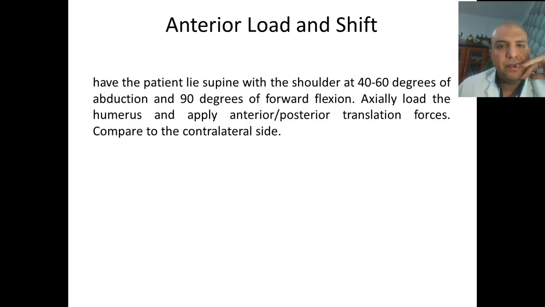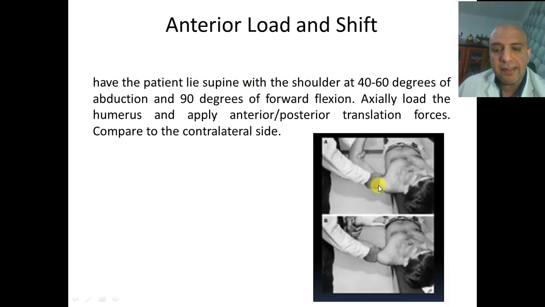For me, the anterior load and shift test, the same test is done for loading. Loading is loading the humerus, against the crank test, which is loading the humerus in full abduction. This is in about 40 degrees of abduction and forward flexion, then pushing against the head, and the head relocates.